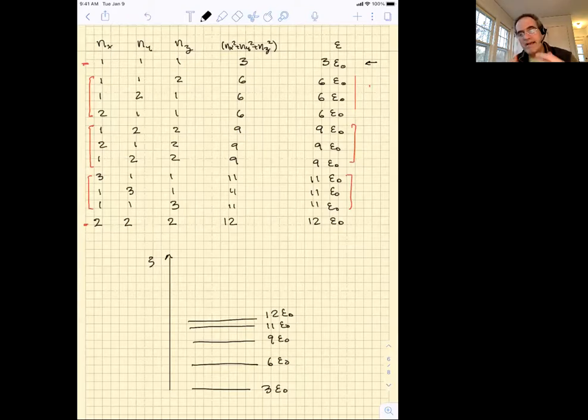This is common in highly symmetric problems like this one. The hydrogen atom is another highly symmetric, spherically symmetric problem, and we'll see that there are degenerate states there. All right, well, let's stop this example and go on to the next one.